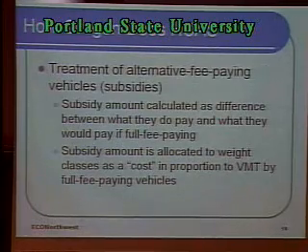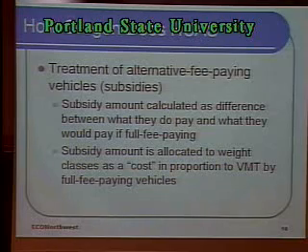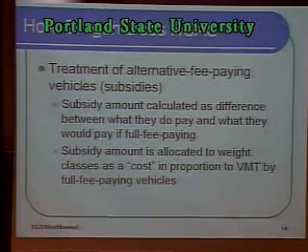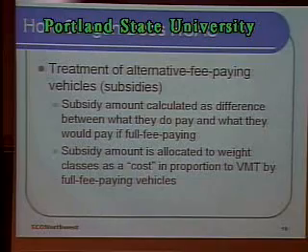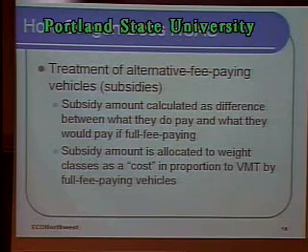Now, in putting together the equity ratios, Oregon takes a look at vehicles that pay rates other than the standard rate. There are reduced registration fees for a variety of classes of vehicles, including farm vehicles, nonprofit vehicles, publicly owned vehicles, and so on.